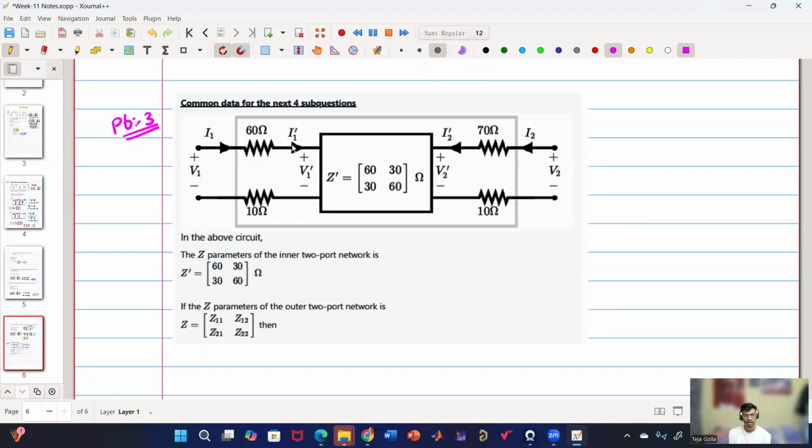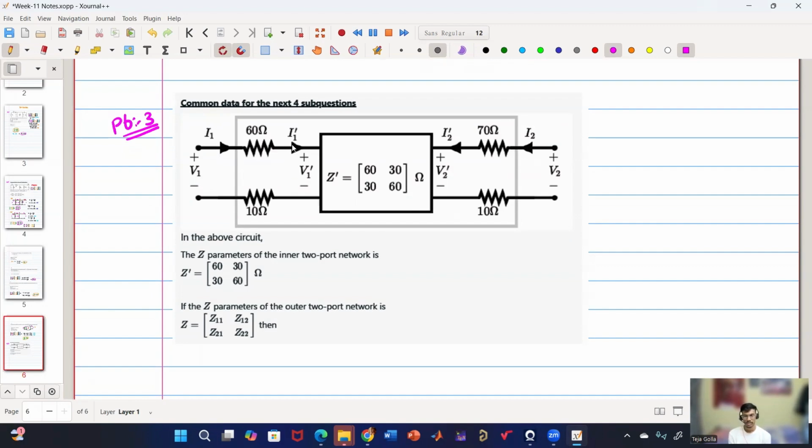It's series networks, two-port network. Kind of series network, but not exactly, because we have one two-port network and then another two-port network outside.